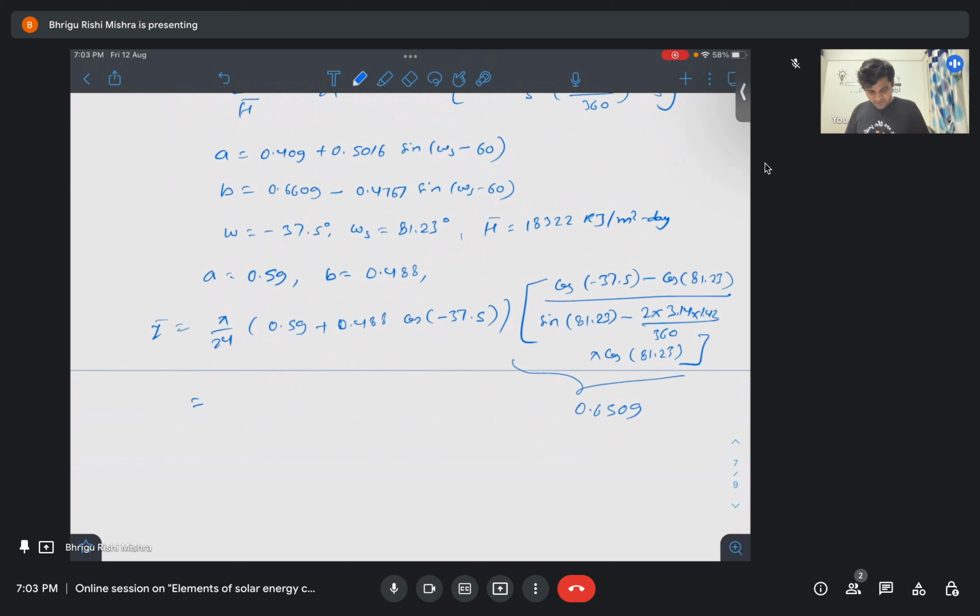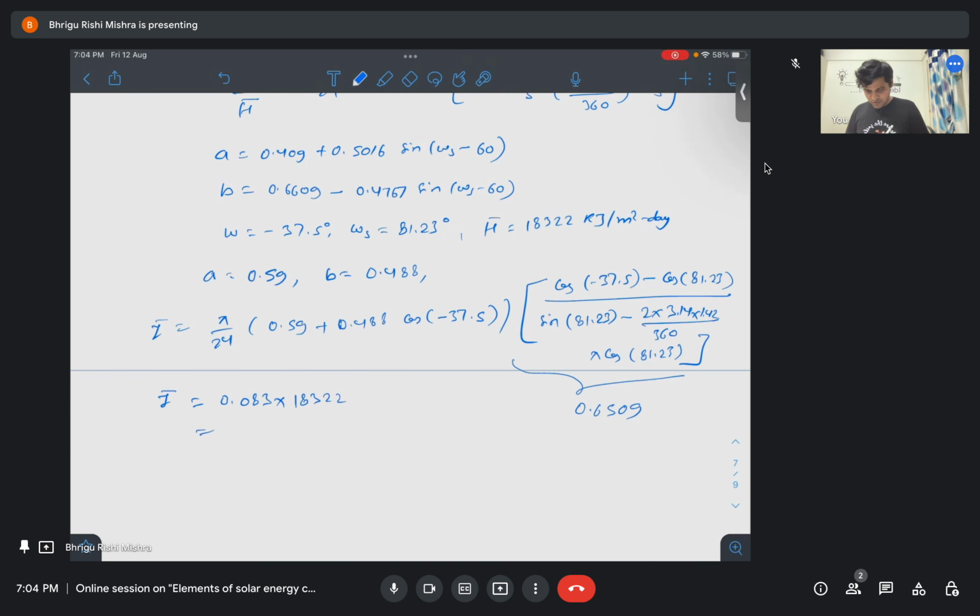Now I will calculate with the rest, 1 into 3.14 into (0.59 plus 0.488 into cos of minus 37.5 degree) divided by 24. So I bar is 0.083 into 18322.